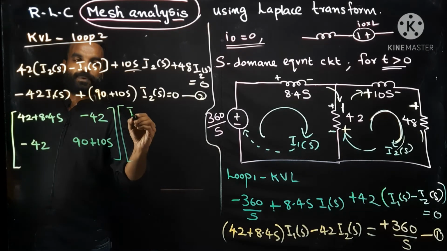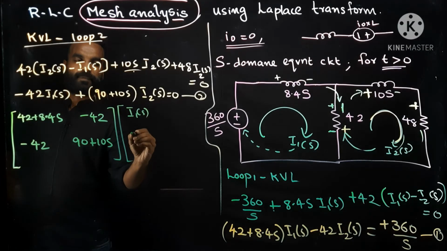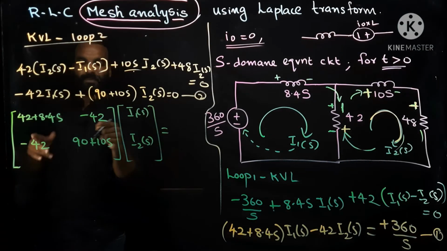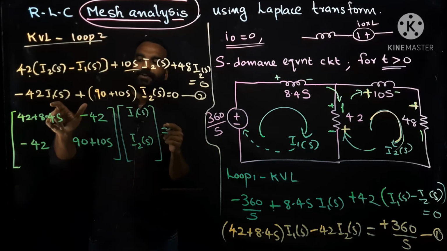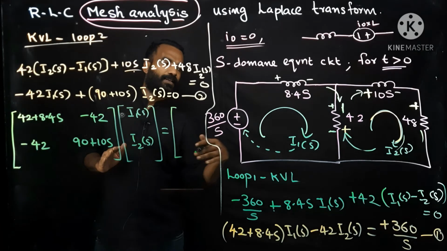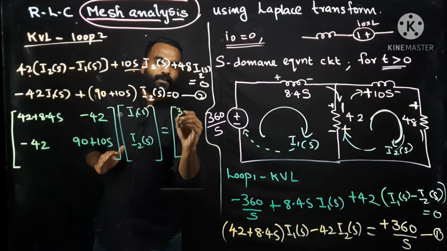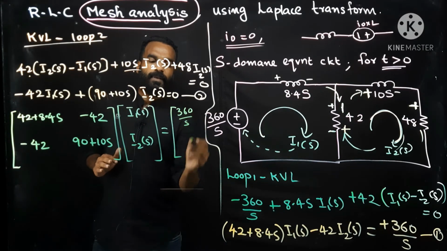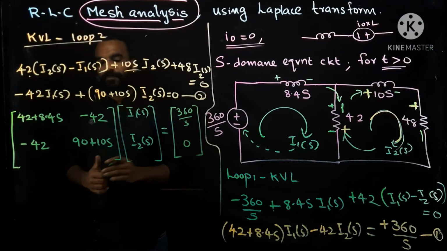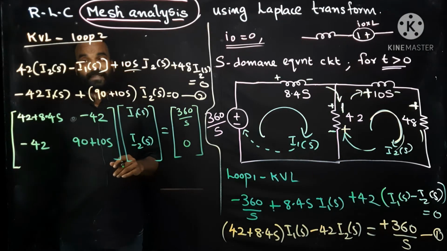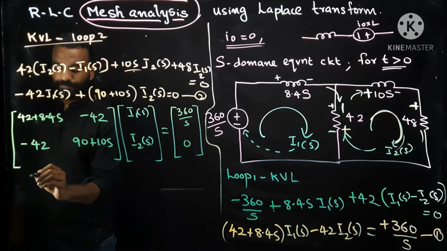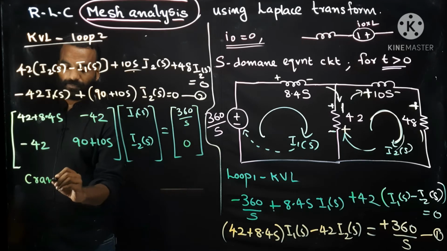Into matrix multiplication, I1 of s and I2 of s. If you do this multiplication, you get equations 1 and 2. The right side of equation 1 is 360 by s, and the right side of equation 2 is 0. So this is the matrix arrangement. Now we have to apply Cramer's rule.